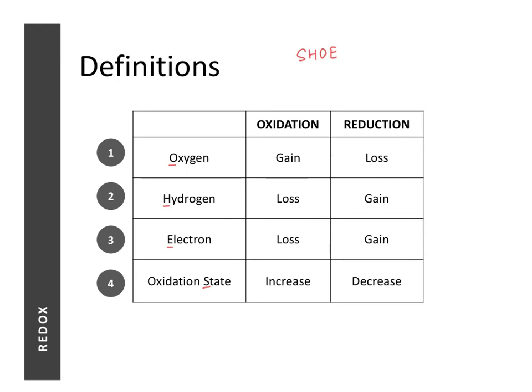Next thing that I want to point out is this, that definitions 1 to 3 are what I call the convenient definitions, meaning you should only use them if convenient. When in a reaction, if you can see very conveniently that something has gained or lost oxygen, then you use that definition.